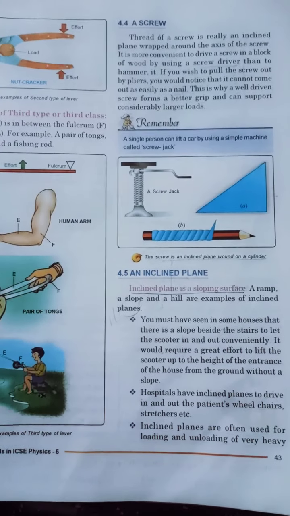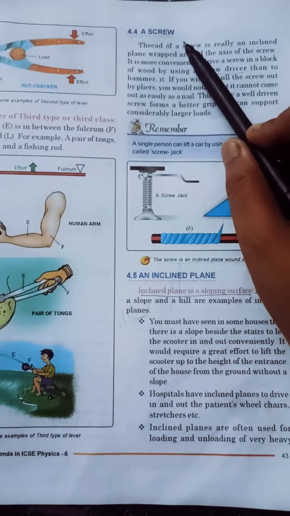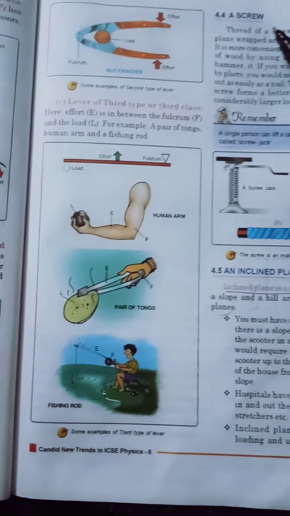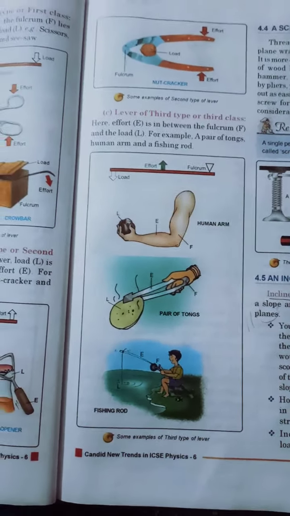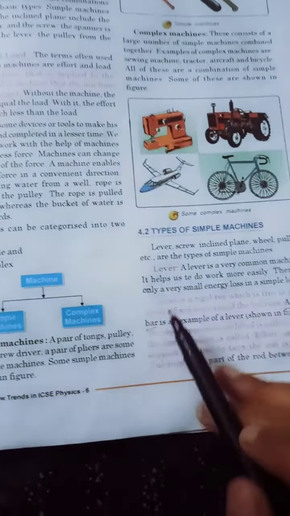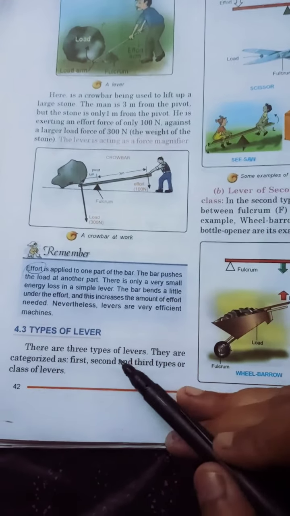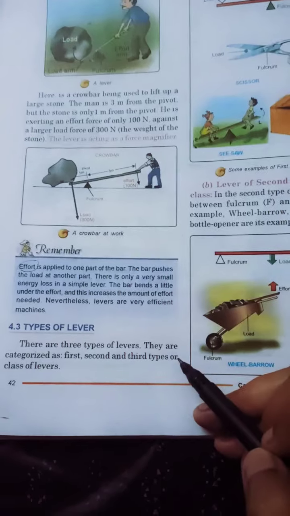Now today we are going to begin with our next topic, which is screw. We are right now learning about types of simple machines, right? The first one we studied was lever. We studied the types of lever: first class, second class and third class.